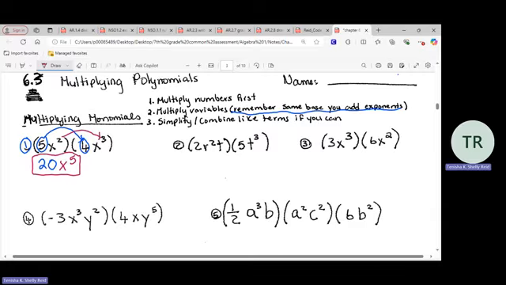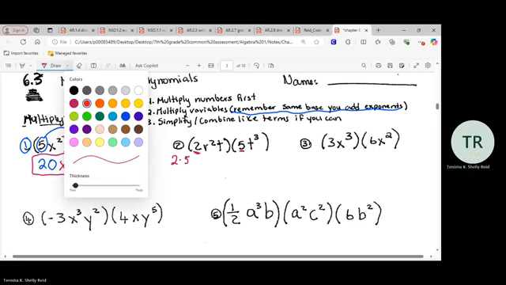Let's look at number 2. And I think I'll break down number 2 a little bit more for you. We have 2r t times 5r t to the third. So again, numbers first. That's going to be 2 times 5. And then you go with the variables. So then we have r.